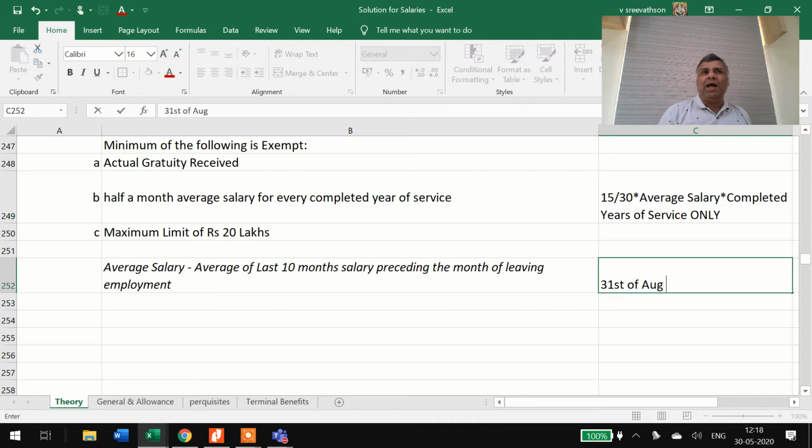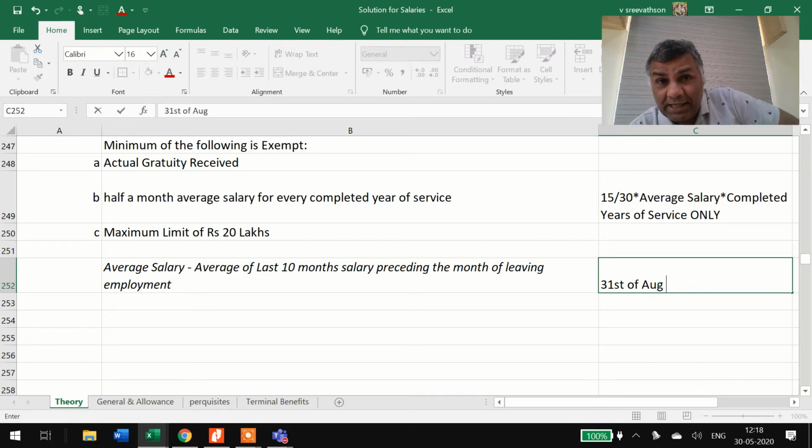You can ask me what is the logic, sir? You just said preceding, but now you are saying if he is leaving employment on 31st of August, take 31st of August also. There is a logic. If a person retires or resigns on 31st August, he is not in employment from 1st September, not from 31st August. I am repeating.